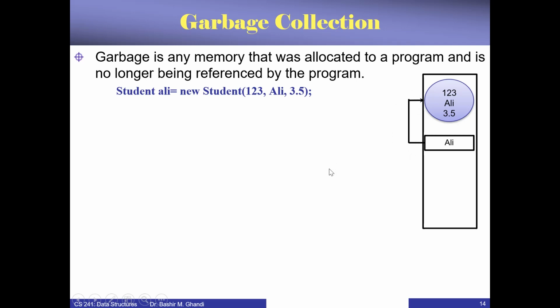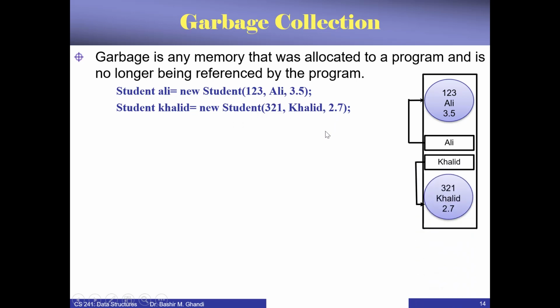Suppose you create another student, Khalid, similarly with ID, name, and GPA. What will happen? Another object will be created, and the variable Khalid will reference it. Now, what will happen if you say Ali becomes Khalid? You do an assignment that says Ali becomes Khalid.